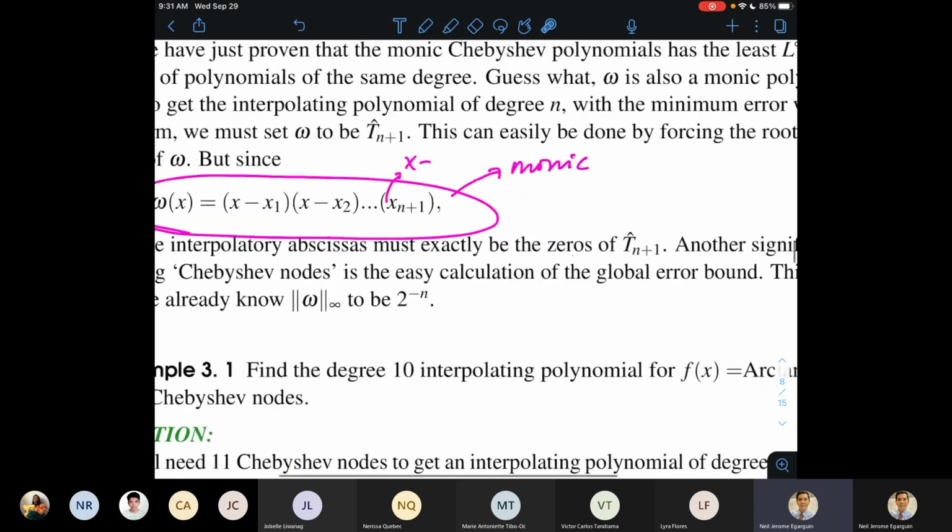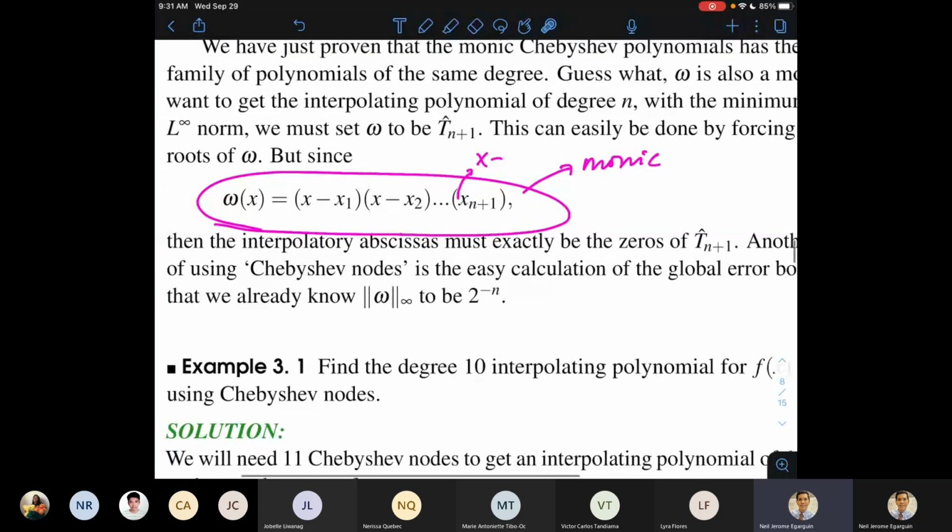Okay. So again, if we choose the interpolatory abscissas to be the zeros of the monic Chebyshev polynomials, then omega is equal to t hat sub n plus 1. And that makes omega attain the minimal L infinity norm. Dahil si omega ay degree n plus 1, so L infinity norm ay 2 to the 1 minus (n plus 1).